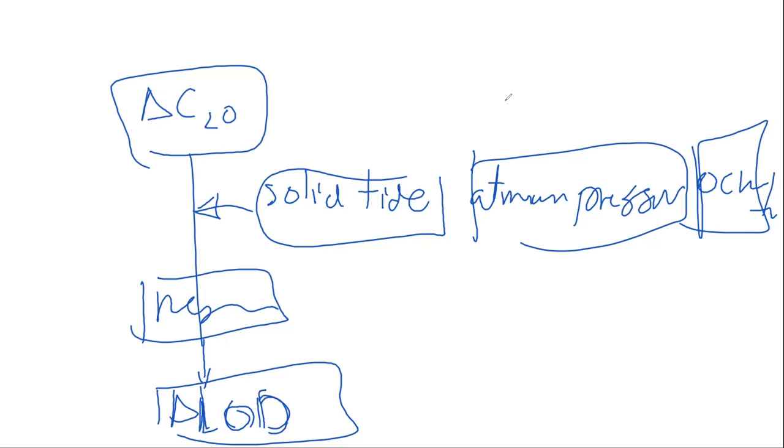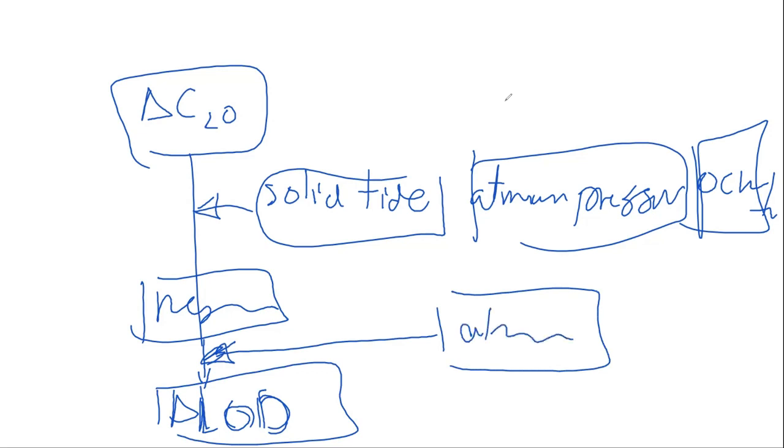It is also considered that atmospheric pressure should be added back because it is part of the Earth system. The atmosphere is always around the Earth, but the solid tide comes and goes. So they are periodic variations, while this is permanent.